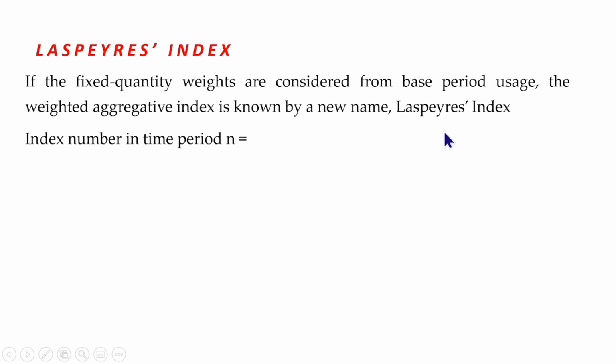So according to Laspeyre, the index number in time period n is given by InLA is equal to summation Pni Q0i upon summation P0i Q0i into 100. So this is how we have to find the index using the method devised by Laspeyre.